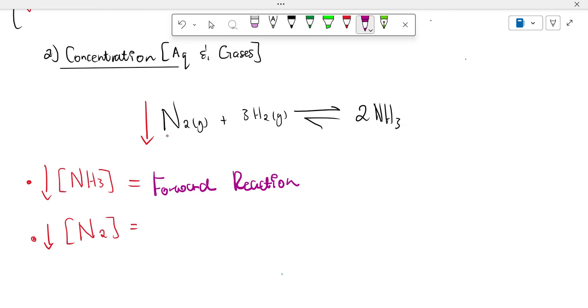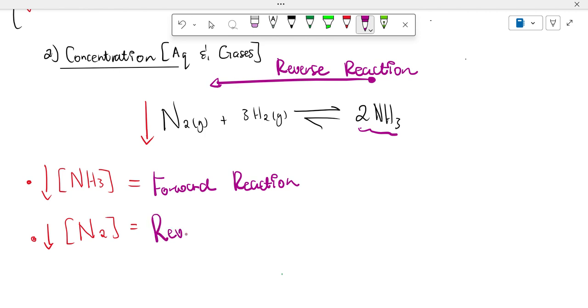And in order for me to have more of the reactants, I need to use up my product. And as a result, from product to reactants, I favor the reverse reaction. And there we go. Since I decreased the concentration of nitrogen gas, the reverse reaction is favored.